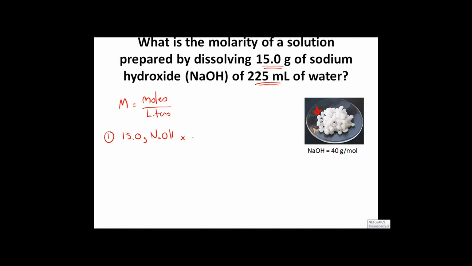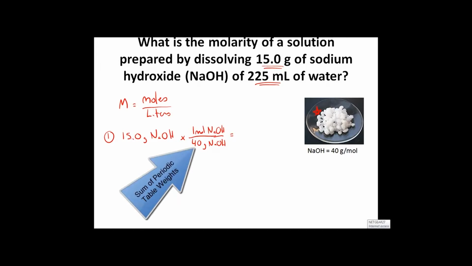And as I have shown right below the picture, in 1 mole of NaOH, and we're going to label them just to keep it consistent and nice and clean, I have 40 grams of NaOH. And when I crunch the numbers, it's going to be 15 times 1 mole divided by 40.